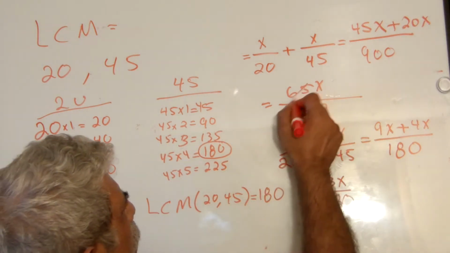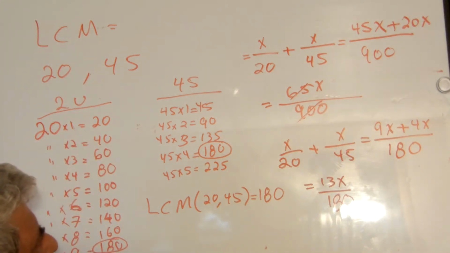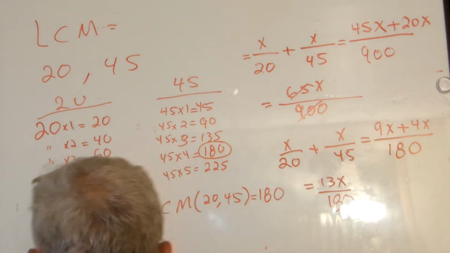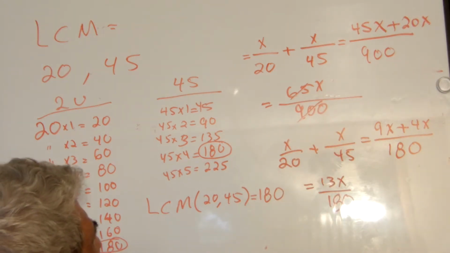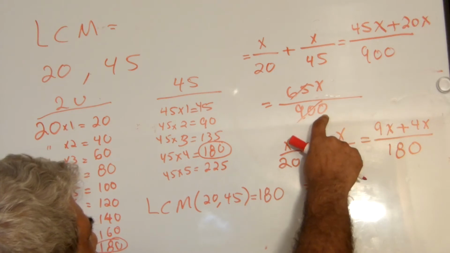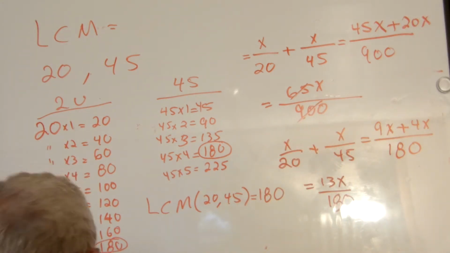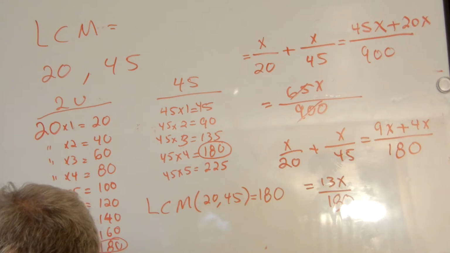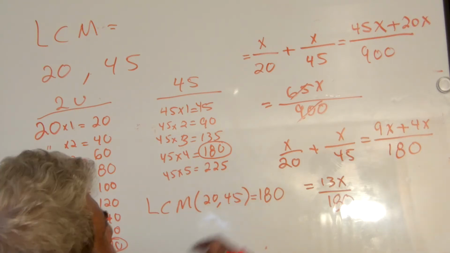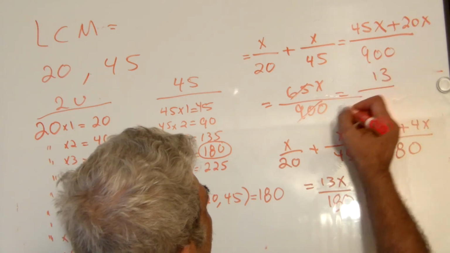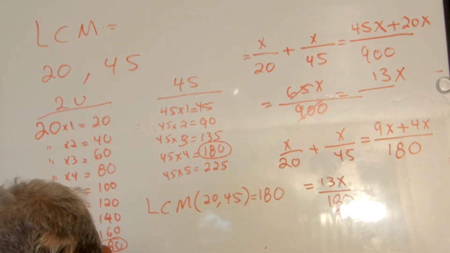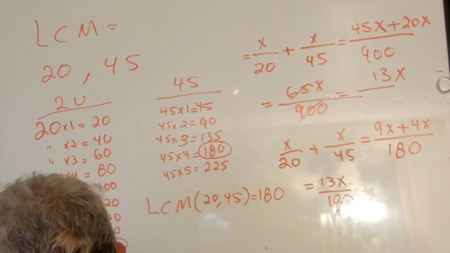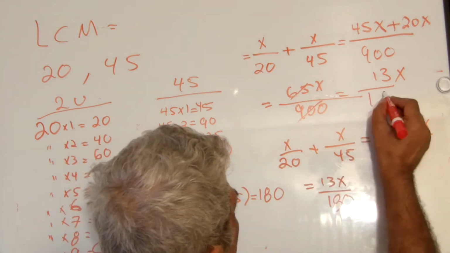Actually, if we divide this one by 5, because we can divide both by 5, since the last digit is 5 and the other ends in 0: 65 divided by 5 is going to be 13x, and 900 divided by 5 is going to be 180.